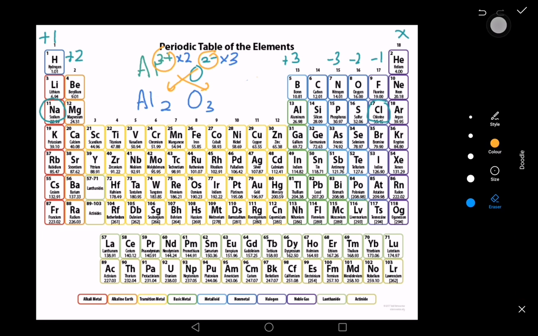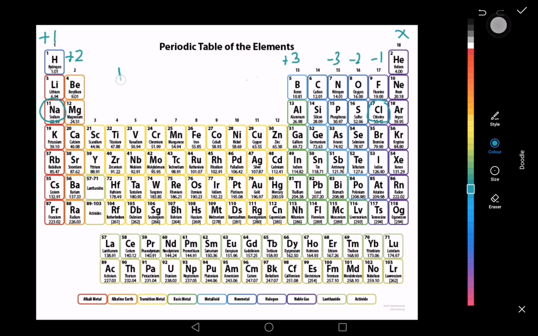If they ask you to write the formula for lead-2 oxide, they said lead-2, so the lead-2 ion is Pb2 plus, and oxide is O2 minus.